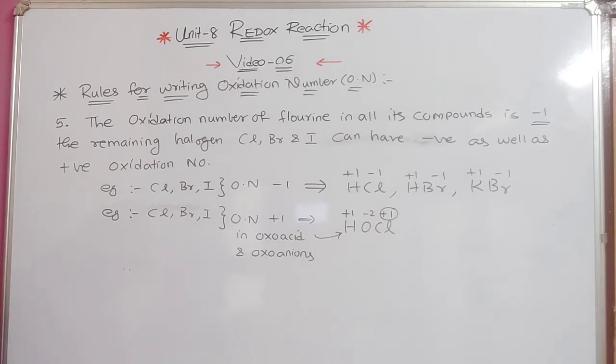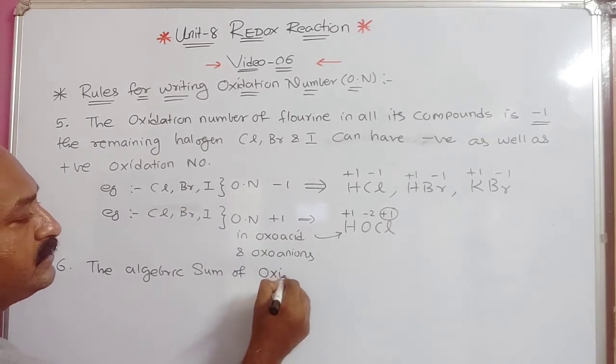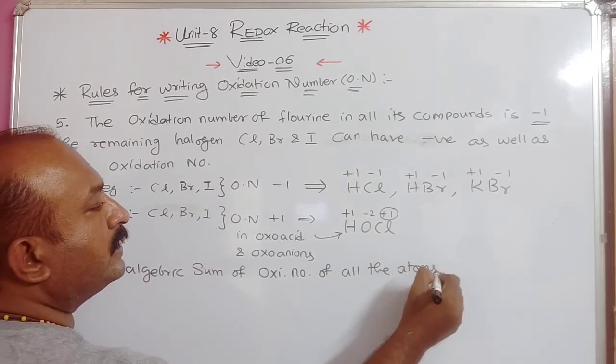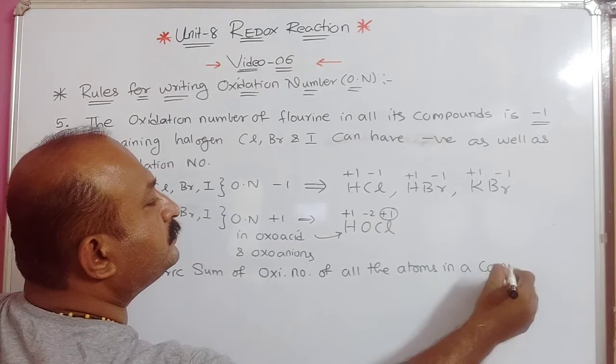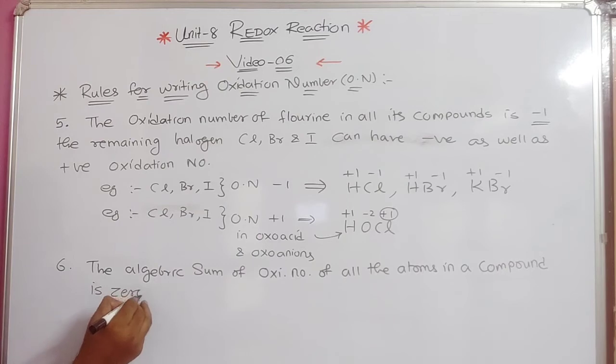Now the next rule given is the algebraic sum. What is rule number 6? The algebraic sum of the oxidation number of all the atoms in a compound is 0.